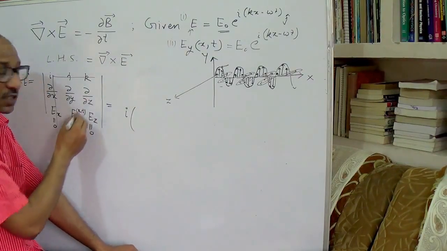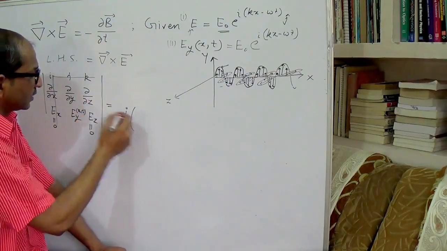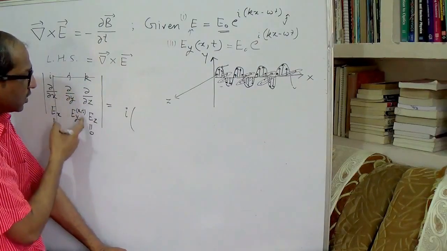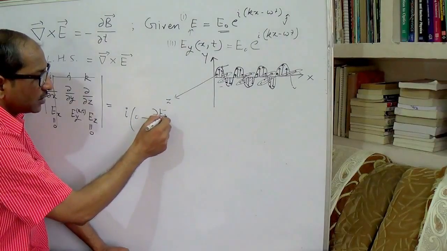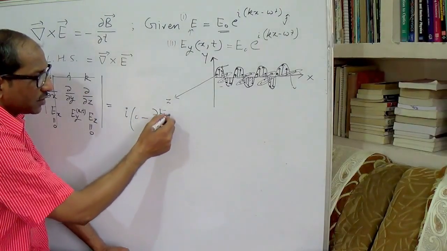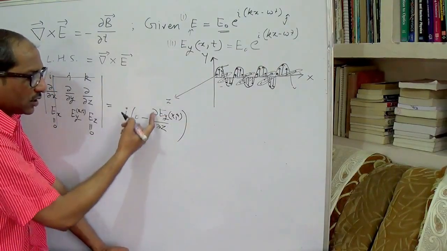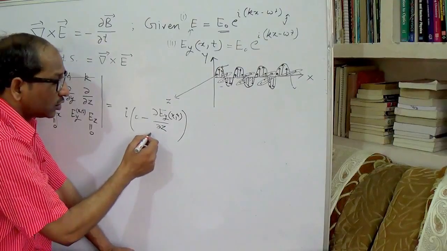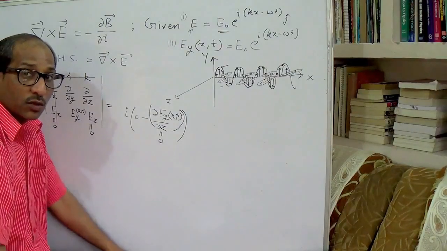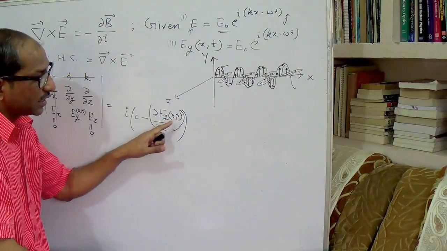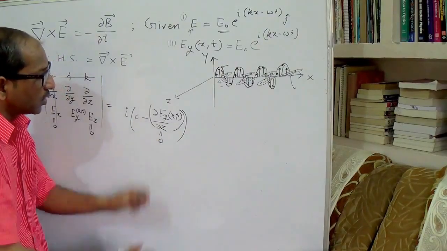Then del Ey upon del z, where Ey is a function of x and t. The differentiation of this term will be equal to 0, because Ey is a function of x and t and you are differentiating with respect to z. So this result will be equal to 0.